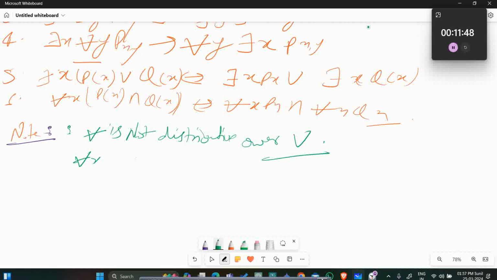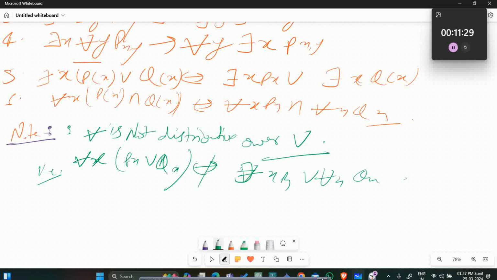For example, for all x, P(x) or Q(x) is not the same as for all x, P(x) or for all x, Q(x).